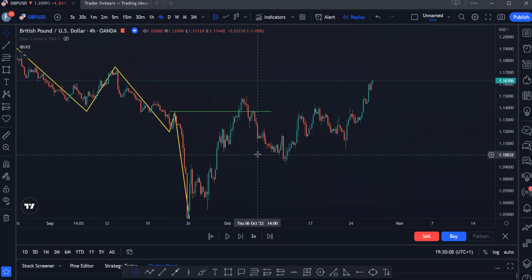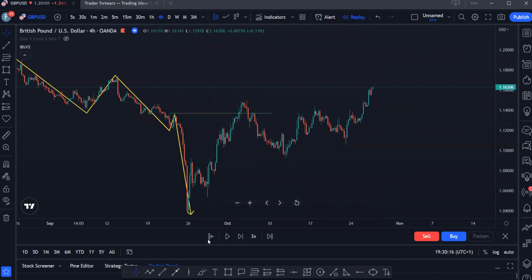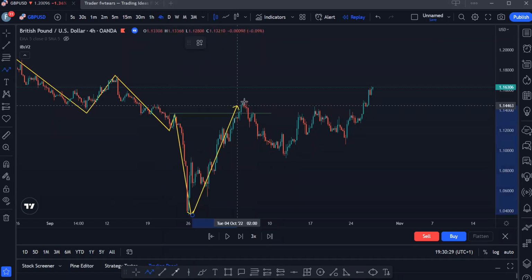Hold on. Let me show you something. Good. So if you are to trade like this, now you're waiting for price. Price broke this structure, this high, this lower high.